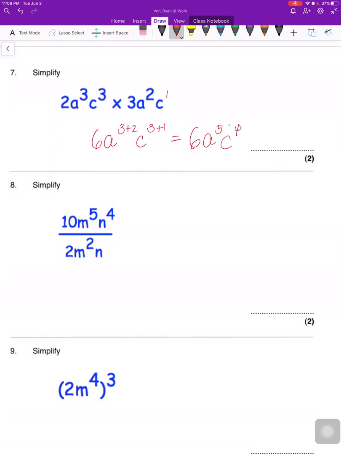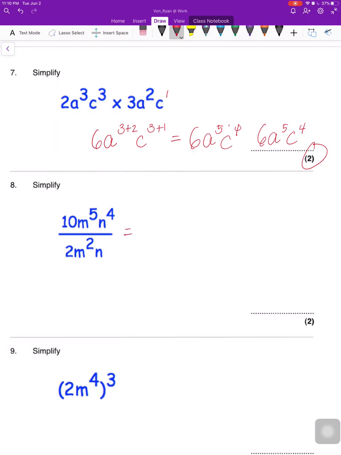I almost wrote b there. Okay, so the final answer is 6a raised to 5, c raised to 4. Right? So that's pretty straightforward. You can even pause the video while I'm answering, and then you can work it out and see if you got it right.